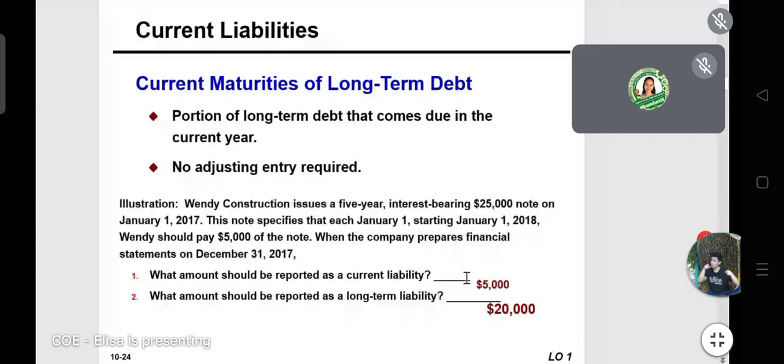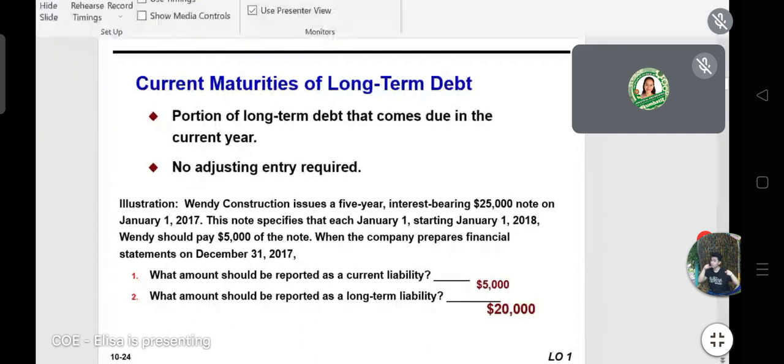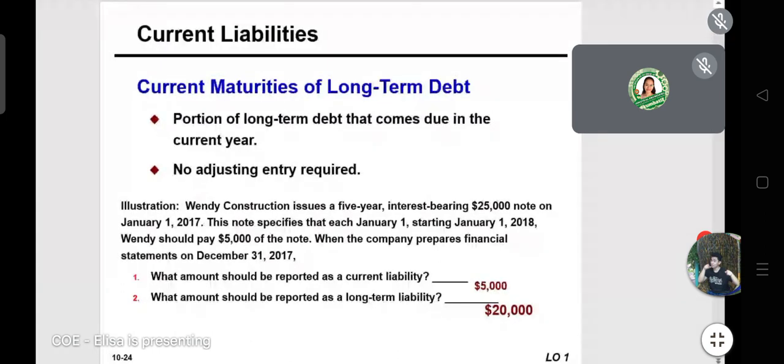So the 5,000 will be reported as current portion of long-term debt, or current maturities of long-term debt. If we go back to our definition, current liabilities are payable within 1 year.